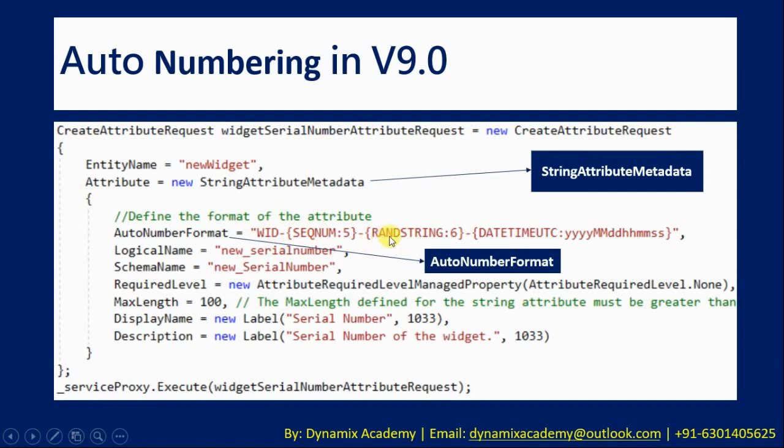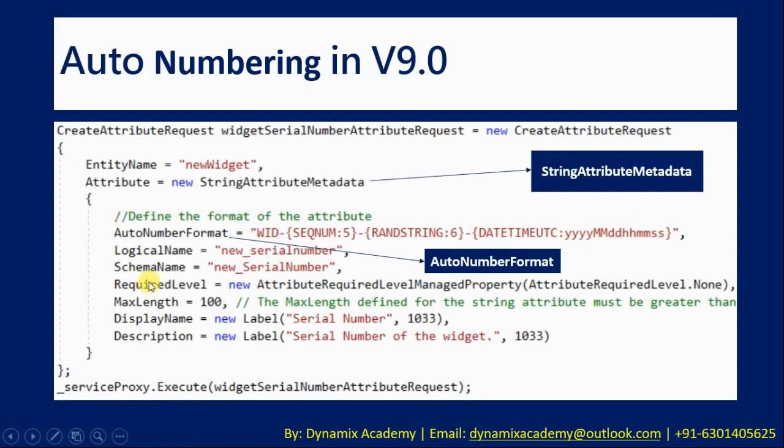After that, hyphen, a random string of 6 characters, and then hyphen, date time UTC in YY MM DD HH MM SS format.